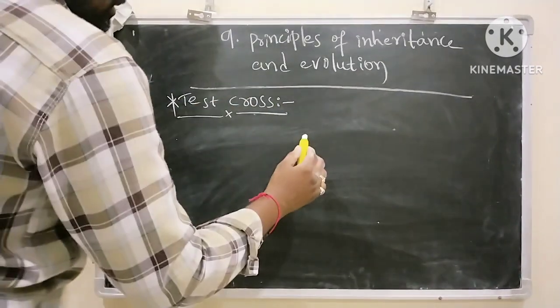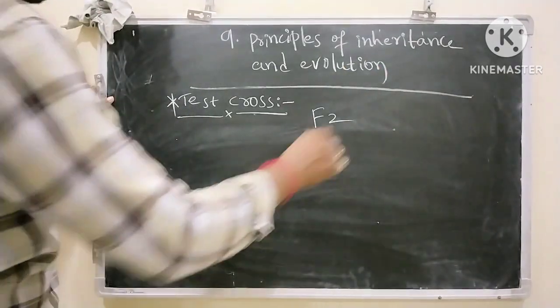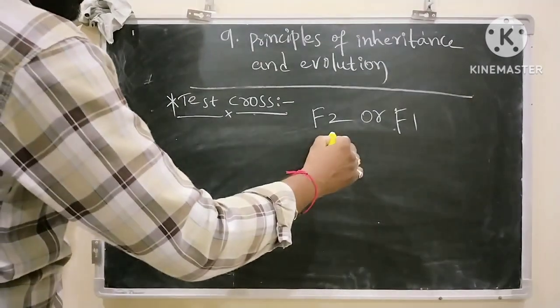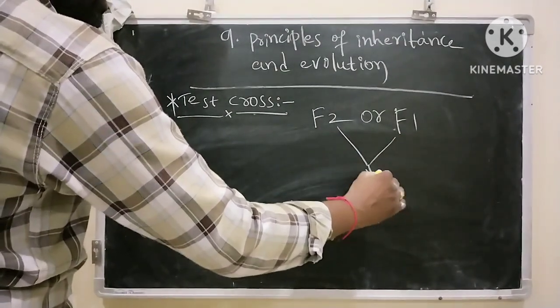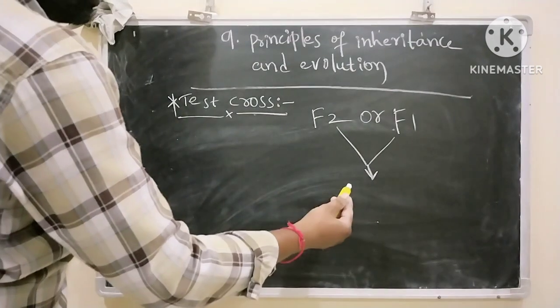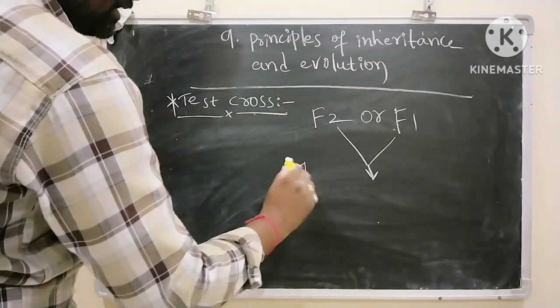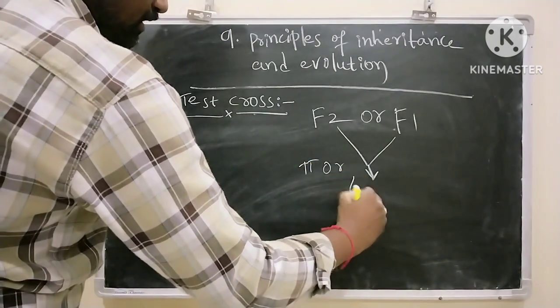See, for example, in the F2 generation or F1 generation, whatever the hybrid obtained in this generation, we cannot know whether the genotype is like this or like this.